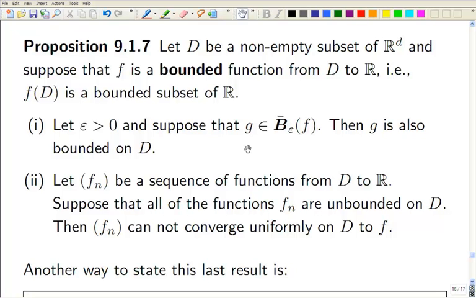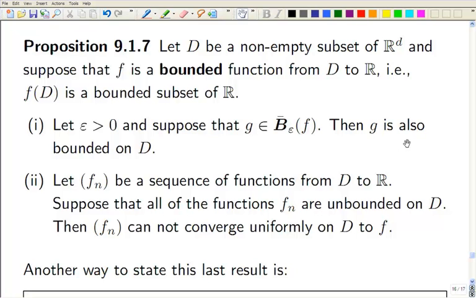But the first part of this is to note that if you've got a bounded function and you look at some function ball and you've got another function in that function ball centered on a bounded function, then they're bounded as well. And although I'm not going to prove that, I will give you a little sketch of it. Once you know that, you get the second one for free, because if everything in the function ball is bounded, then none of the unbounded ones can get in there.